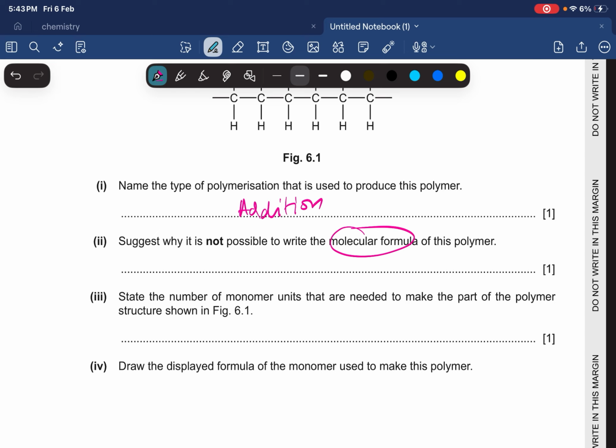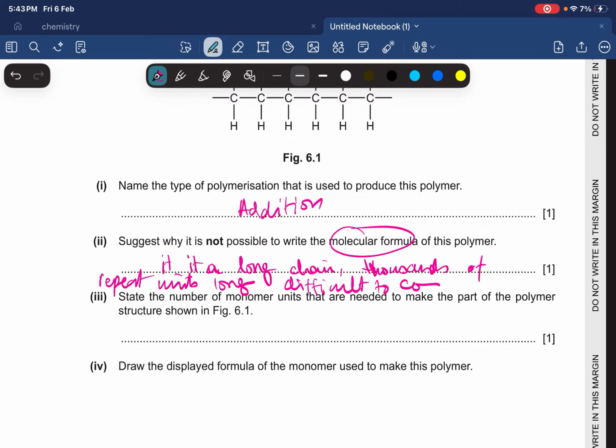It's not possible because it is a long chain, thousands of repeat units long. It has a lot of repeat units, difficult to count.